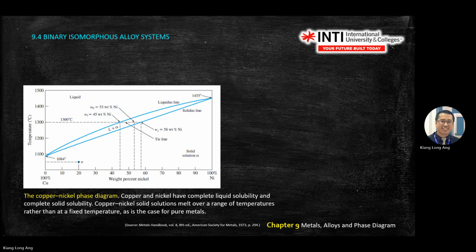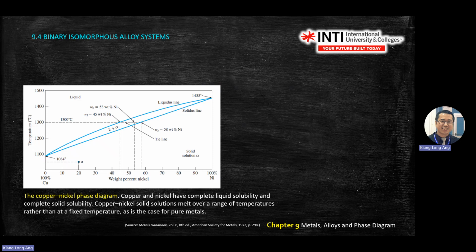On the right-hand side it tells you nickel. So at this point, how many percent copper do you have? This one is 100% nickel. So as you move towards the right, the more nickel you have. This is a binary system. Let's say I pinpoint point A. What is the composition?